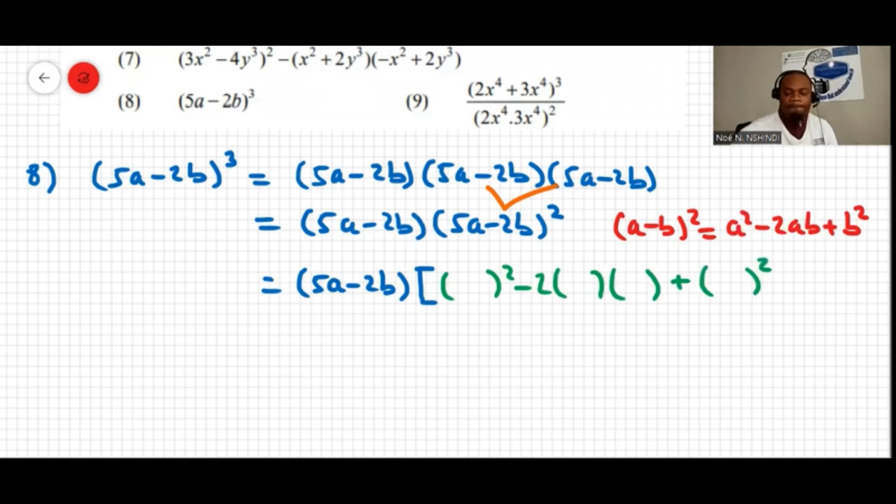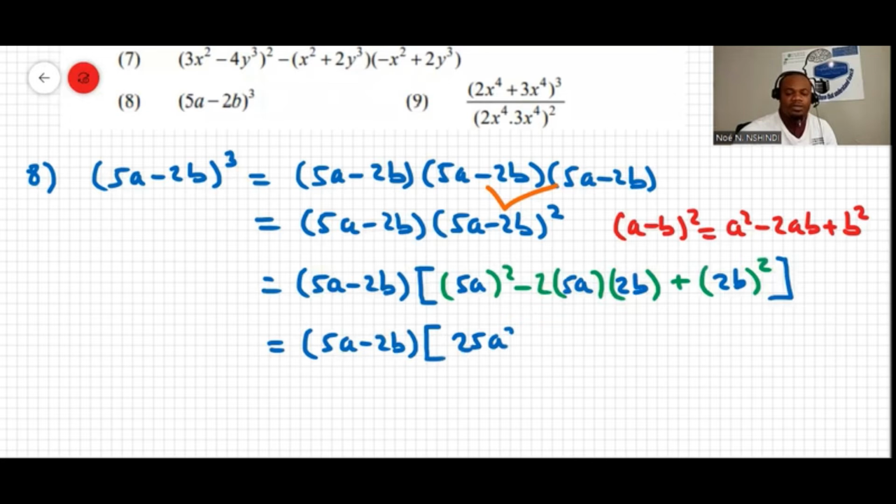Now I can substitute. My a is 5a, and my b is 2b, so b squared is 2b squared. So this will make 5a minus 2b, and then that makes what?